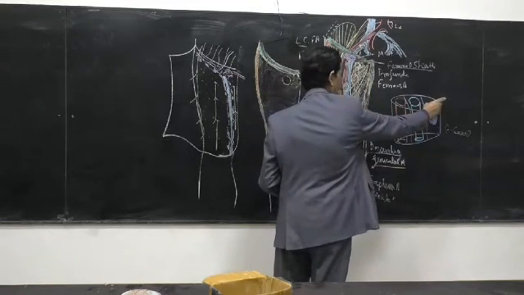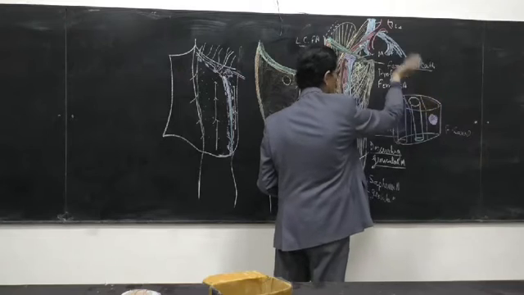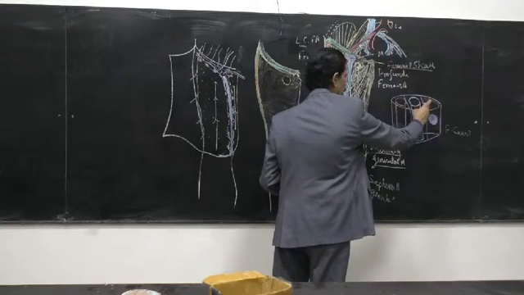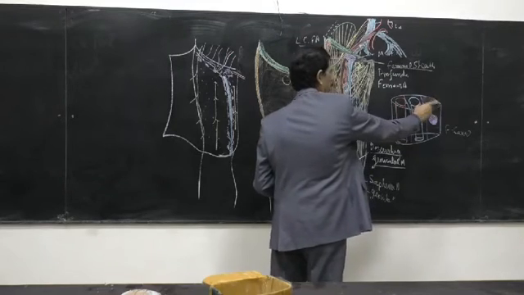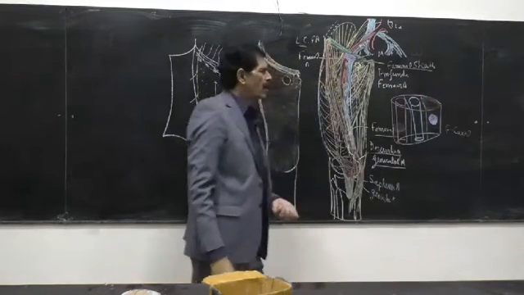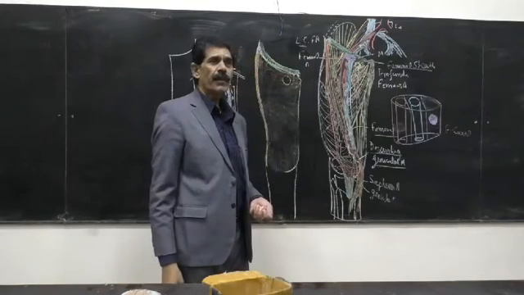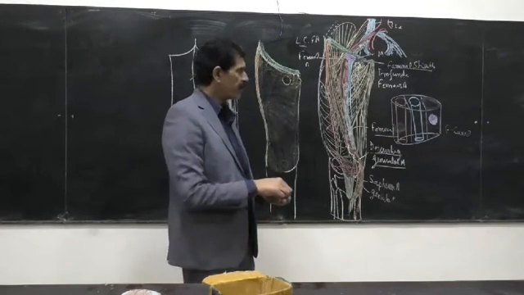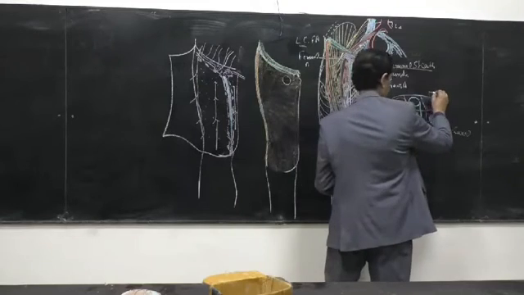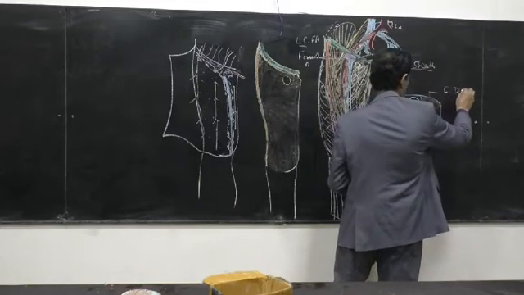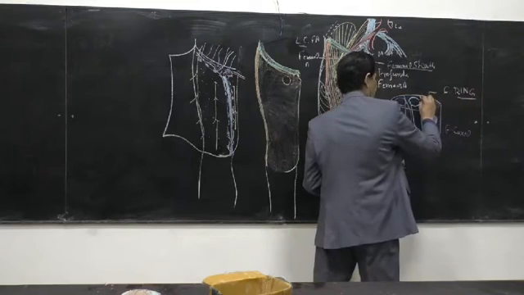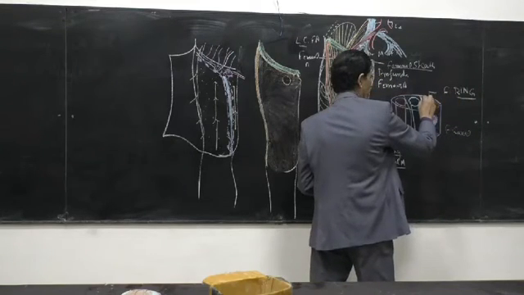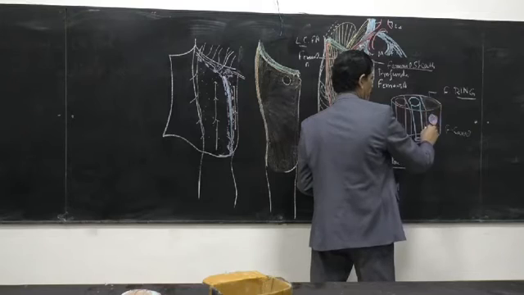This upper part of the femoral canal, which is facing towards the abdomen, has a ring-like structure. The boundaries of this upper part of the femoral canal are called the femoral ring. The lateral boundary of the femoral ring is formed by the medial septum of the femoral sheath.